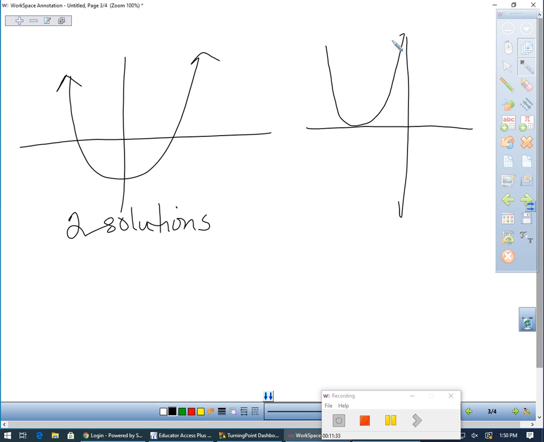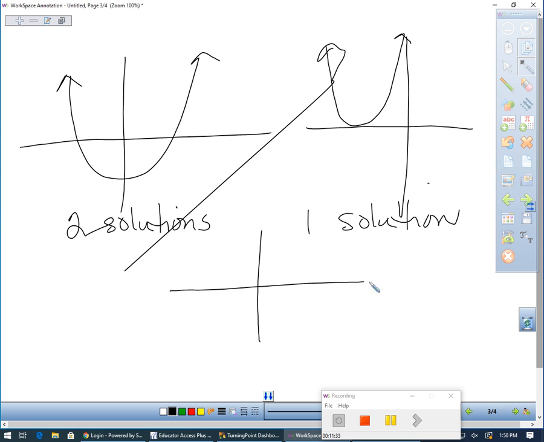We had the same factor twice, right? So if it comes down and only touches it in one spot, this is one solution. And the last option that could happen is if my parabola is up here in space and doesn't cross at all. If that happens, that's when we have no real solution.